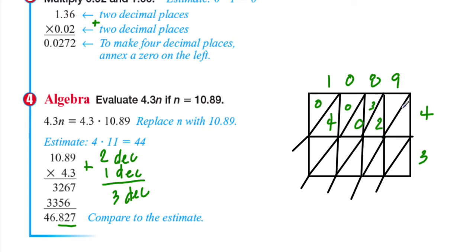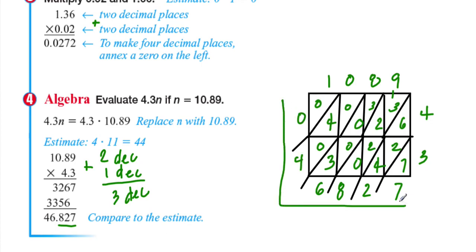And 9 times 4 is 36. 9 times 3 is 27. 3 times 8 is 24. 3 times 0 is 0. And 1 times 3 is 3. Add them vertically. That's a 7. That's a 12. Carry 1, 4, 6, 8. That's a 6. That's a 4. And that's a 0.